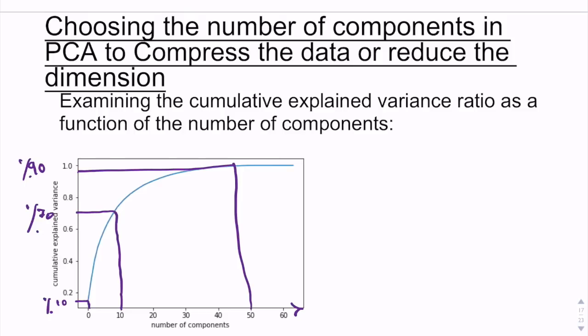Depending on our application, we can choose how much cumulative explained variance we want for our data. For instance, in image applications, if you lose a little bit of resolution, your eyes might not perceive it. So if I choose 50 principal components and get 90% of the variability, we will see that the remaining 10% was basically some noise in our data, which principal component analysis helps us remove.